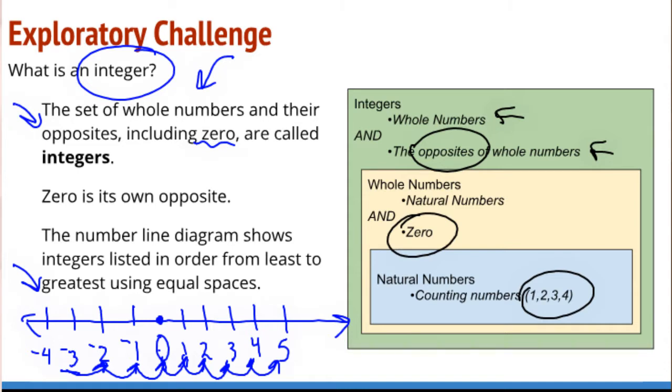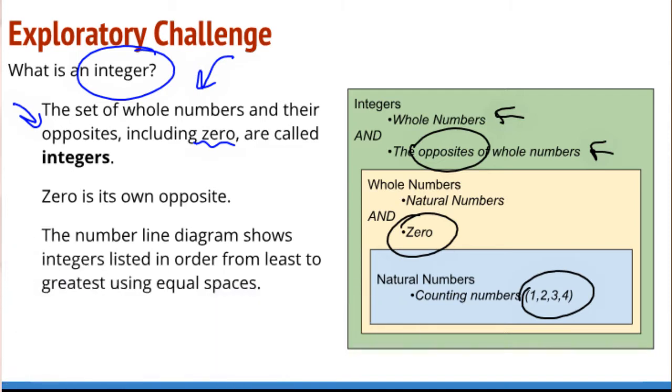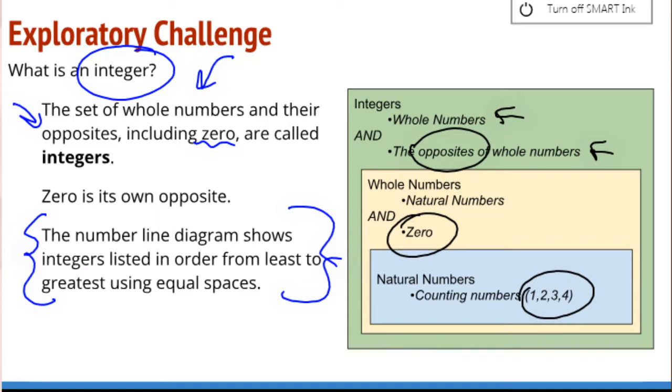This is a concept that students really struggle with, that -4 is less than -3. So it would be easy to get in a hurry and kind of skip over this paragraph here, but this is an important concept. The numbers on the number line are in order from least to greatest as we read left to right.